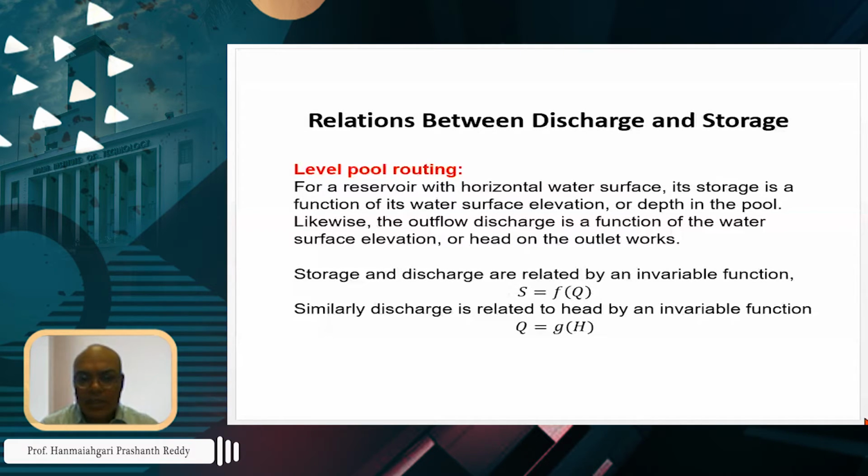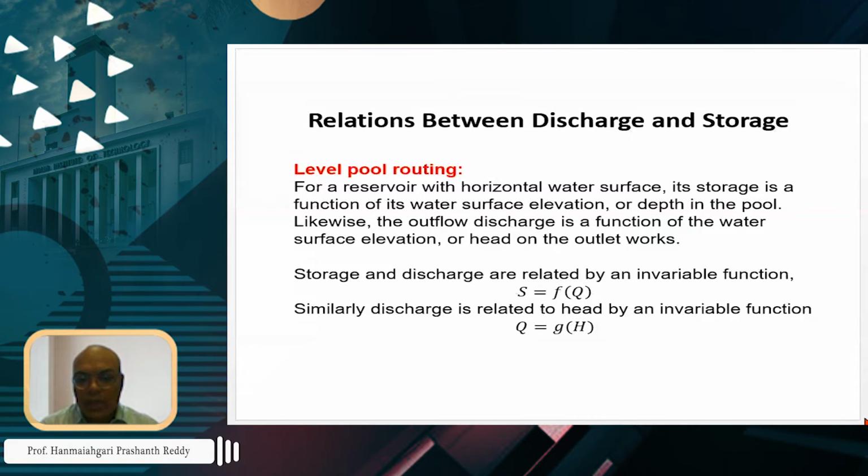Okay, let's discuss that. For a reservoir with horizontal water surface, its storage is a function of its water surface elevation. So the outflow discharge is a function of water surface elevation or head on the outlet works.